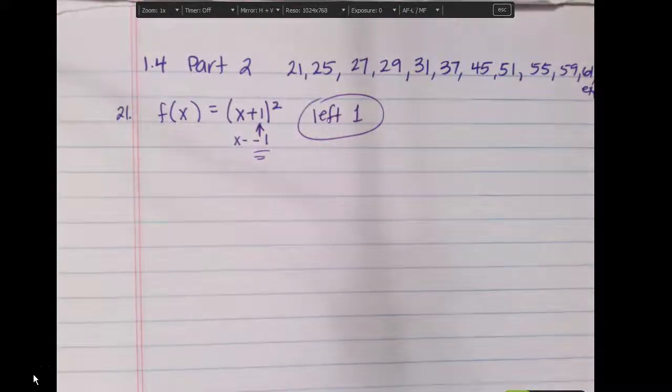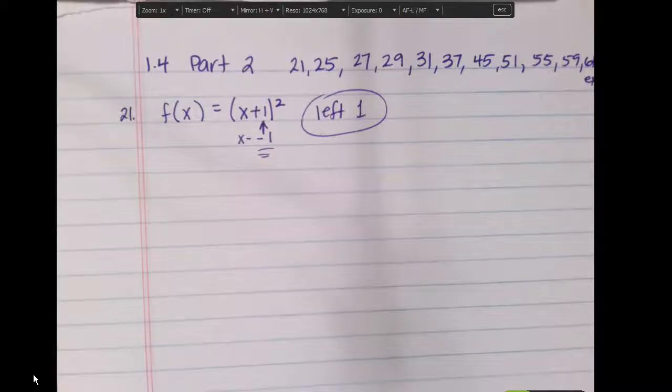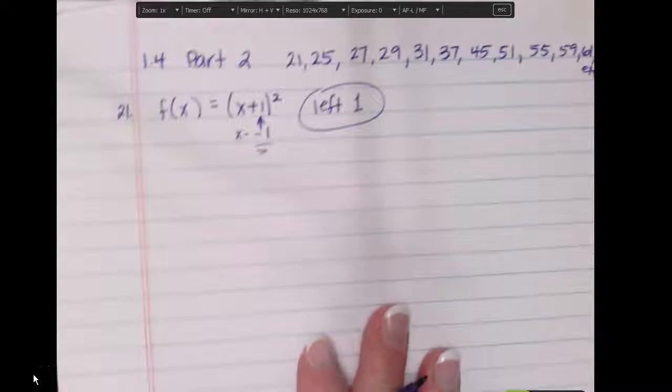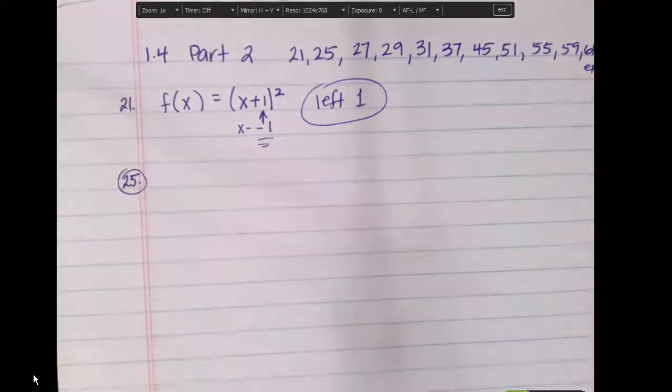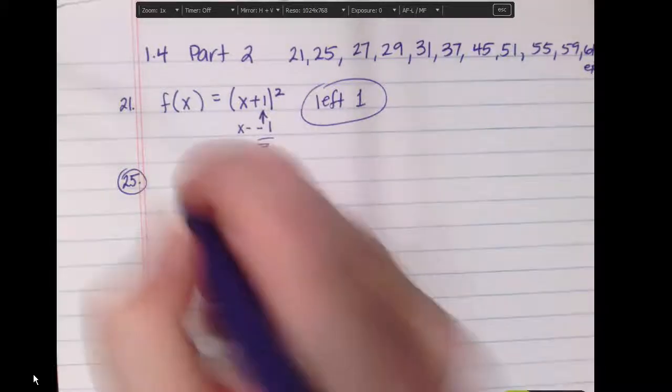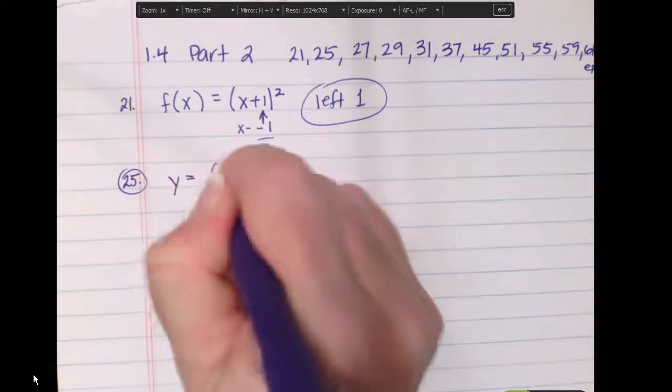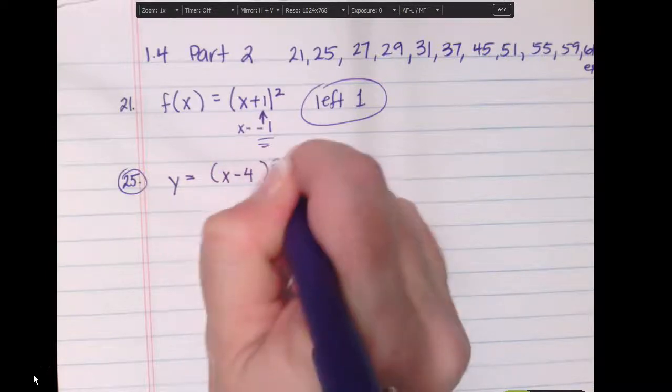In number 25, let's see what we're looking at. Compare the graph of the function with the graph of its parent. So in number 25, you could graph these using a graphing calculator or Desmos, or if you understand this really well, you can just look at the equation and see what the transformation will be.